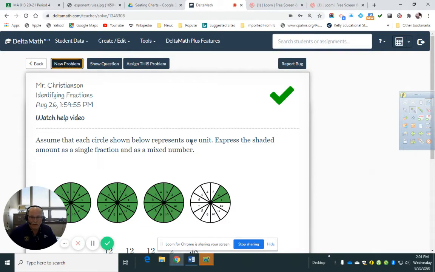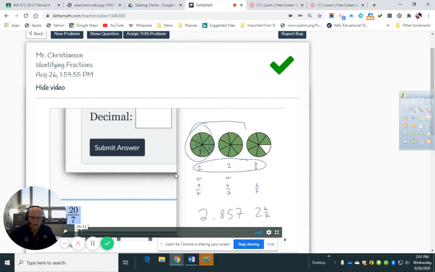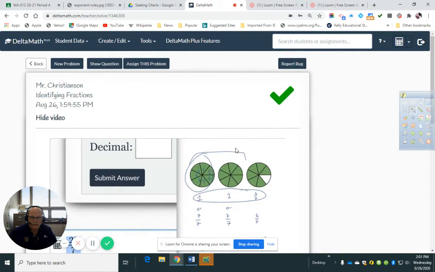But there is an identifying fractions video on the actual assignment. All you gotta do is click on that, hide video or show video, and he goes over it with you. Okay, so that is that problem.